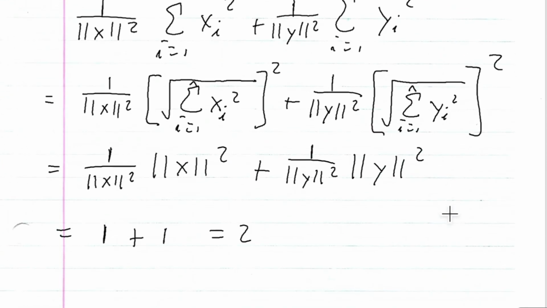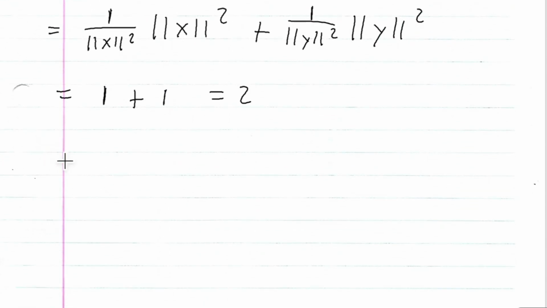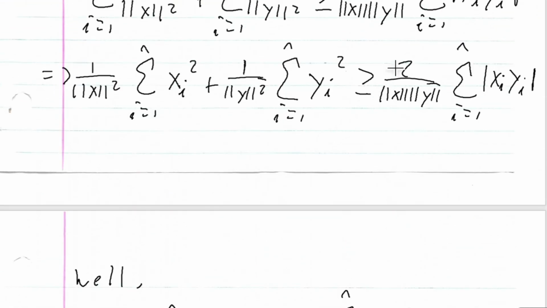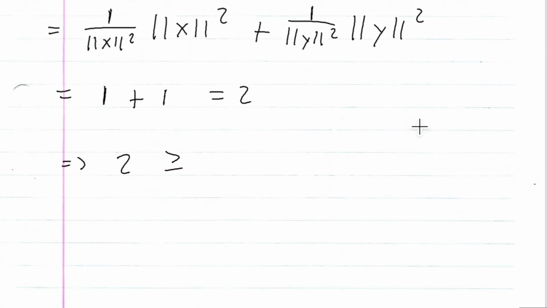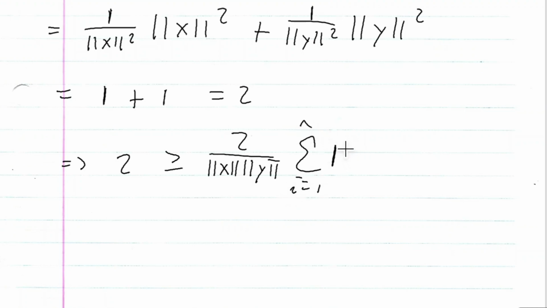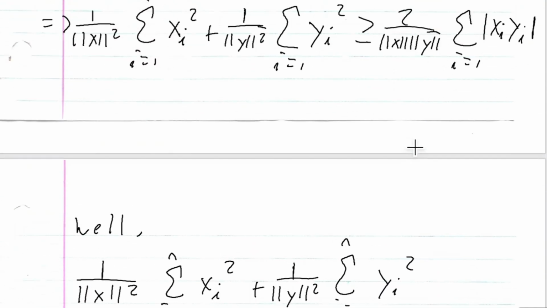So let's put that here. This implies that 2 is bigger than or equal to 2 over the norm of x times the norm of y times the sum from 1 to n of the absolute value of x sub i times y sub i, which is what we want, of course. Let me make sure.